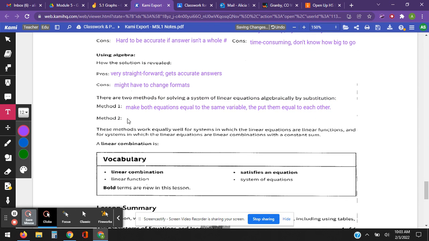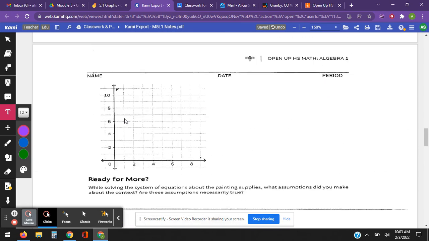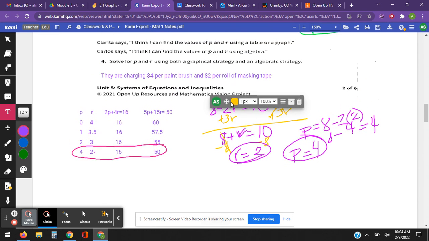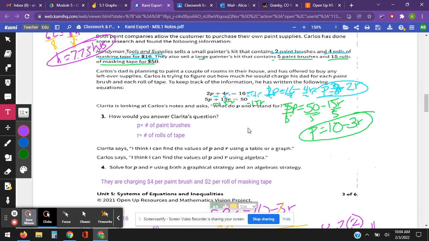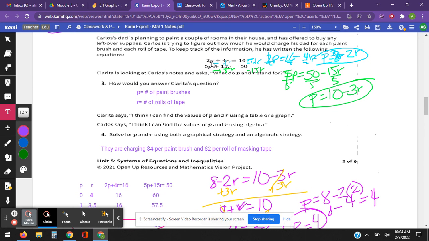The other method we didn't actually do on this one, but let me just show you what that would look like up here. So here we made them equal to each other. What we could have done was only solved for one of these and then substituted it within.